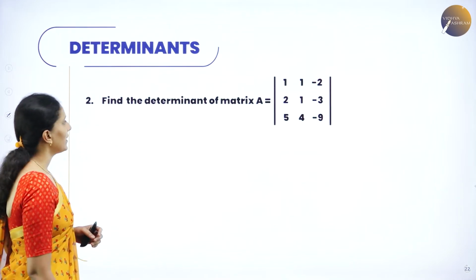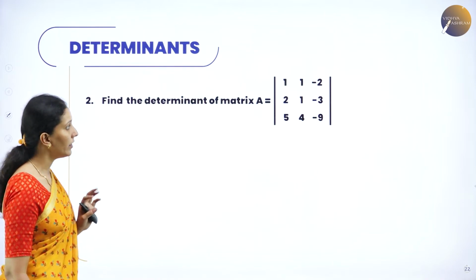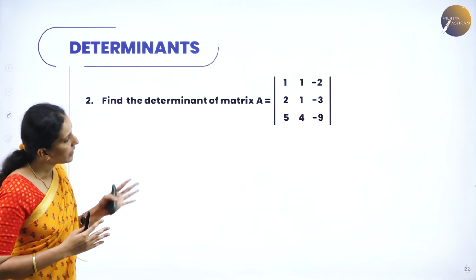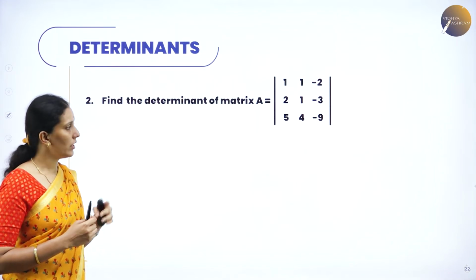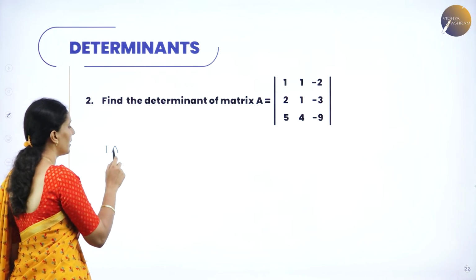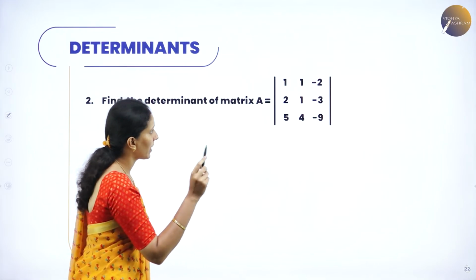Next question. Find the determinant of matrix A. Here it is already given in the form of a determinant, so let us expand through any row or column. All numbers are non-zero here, no 0, so let us expand using the first row only. For the first row the signs are plus, minus, plus.